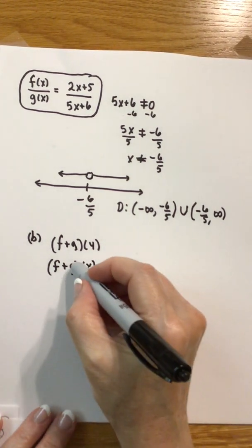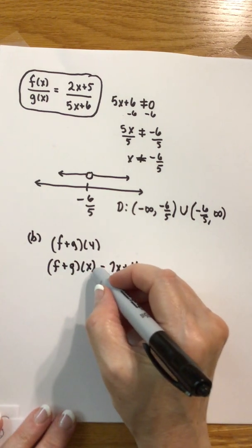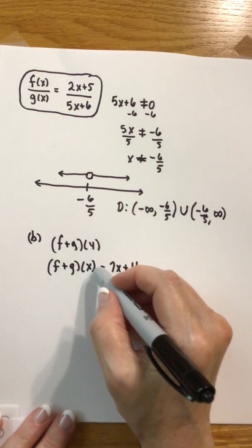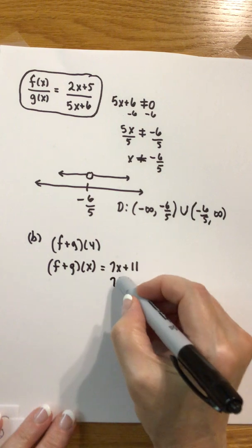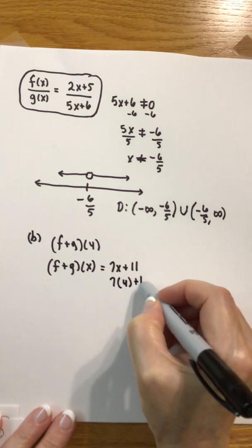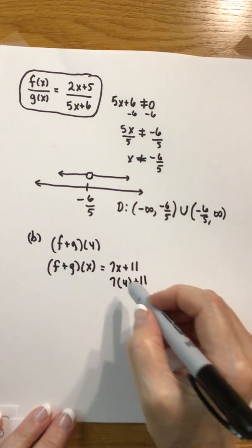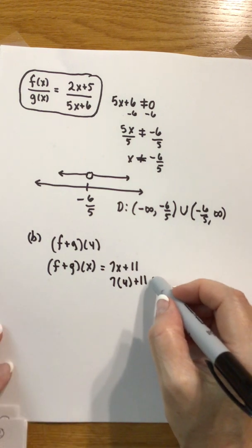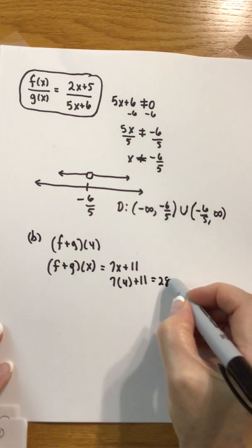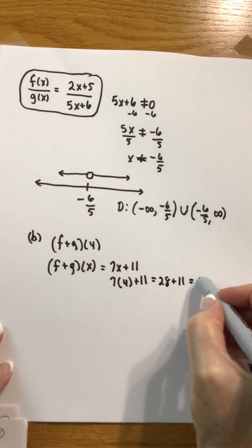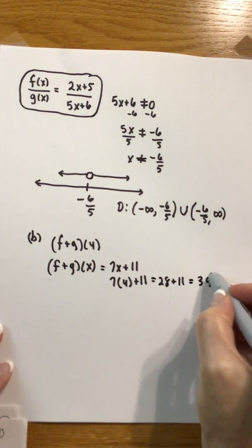So what are we going to do? This is my function, this is my input, so we're inputting 4 into this function. So we're going to have 7 times 4 plus 11, which ends up getting us 28 plus 11, which would give us 39.